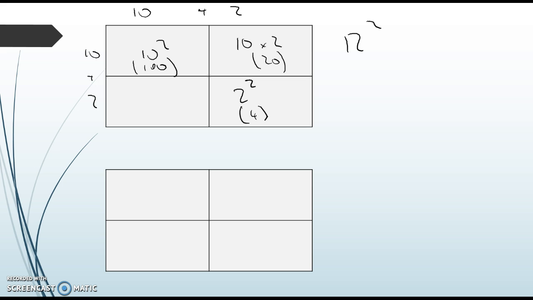So let's go with 12 squared. So we have 10 plus 2, 10 plus 2, so that's 12 times 12, 10 squared, or 100. We have 2 times 2, which is 4. 2 squared, or 4. And we have 10 times 2, which is 20. And we have another 10 times 2, which is 20.